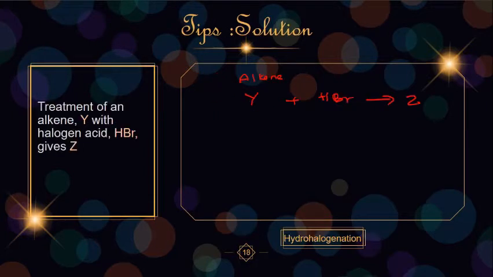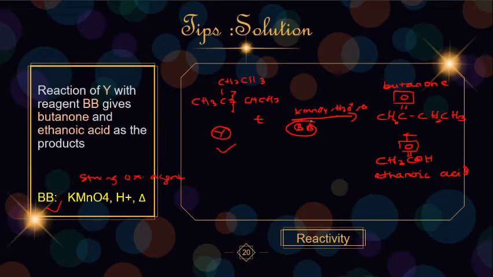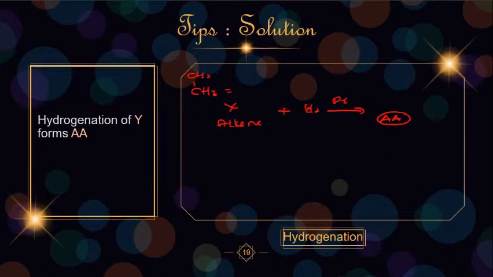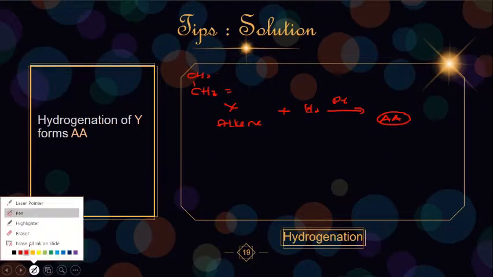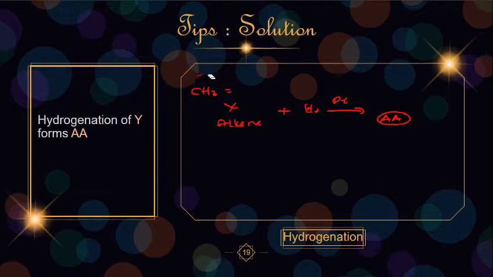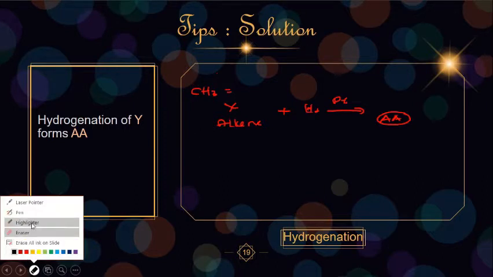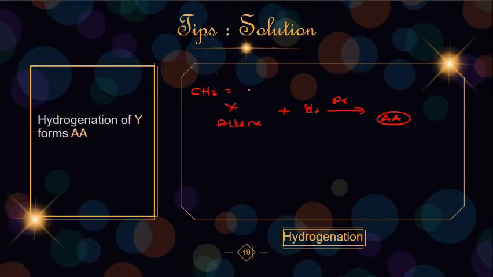So if you can see alkene kita, CH3 bonded with carbon which has CH2, CH3.